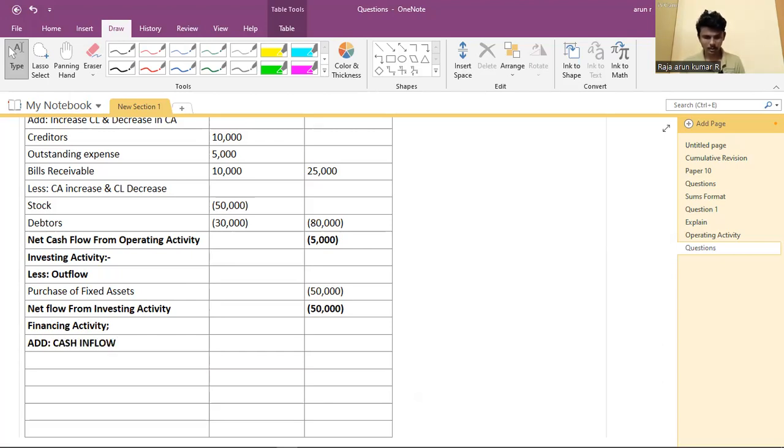Above also, cash outflow only. I simply tell that outflow. Debtors, that is borrowings. Borrowing cash means cash increases. Debentures, sorry, debentures not debtors.